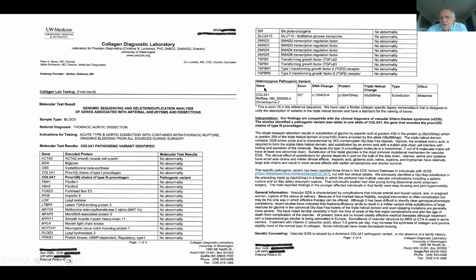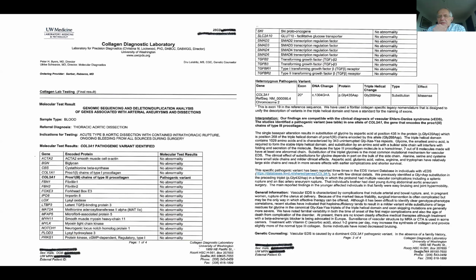So the gene is indicated here, COL3A1, and it encodes, as I said here, the chains of type 3 procollagen. There are a number of different iterations of the coding sequence of the gene, and they are identified by this NM_000090.4. So 90 is always the COL3A1 gene, and .4 is the edition in which that occurs.